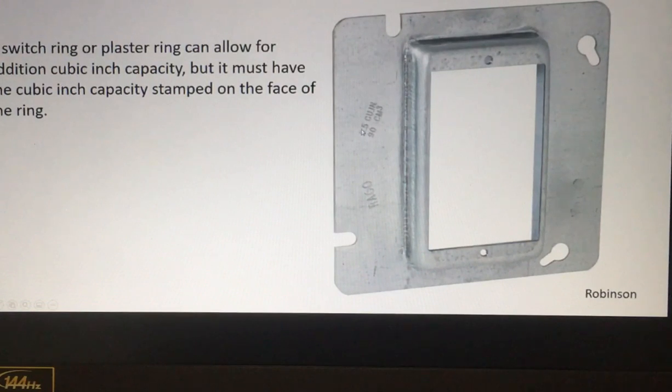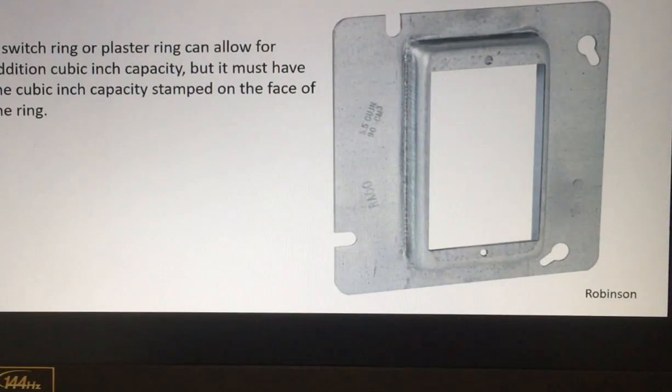So for example, this is a 5S, looks like a half inch raised, single gang switch ring, and I could add 5.5 cubic inches to my box allowance if I was really getting down to the nitty gritty and going, oh man, the 5S deep didn't quite work, but this gives me 5.5 more cubic inches. That only works if it is stamped on the ring.